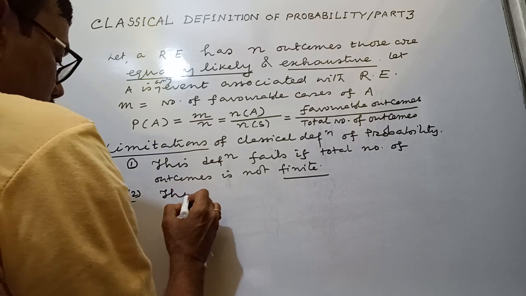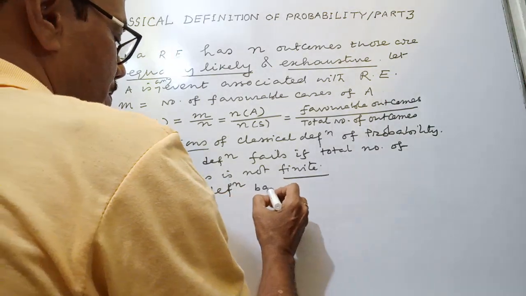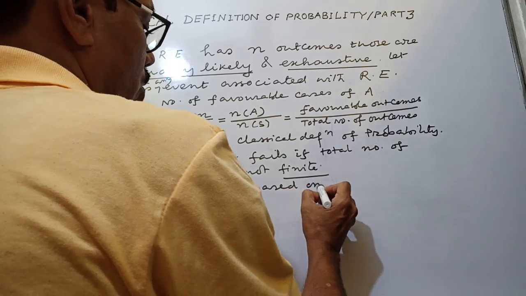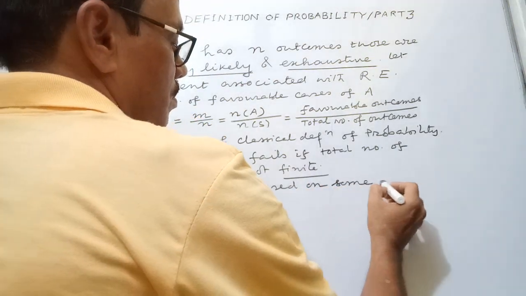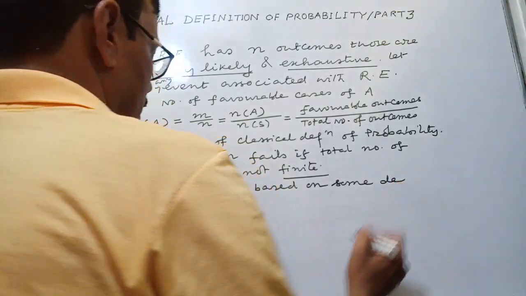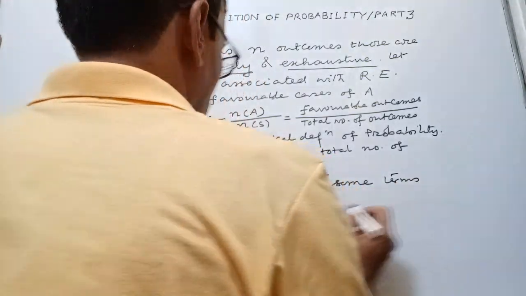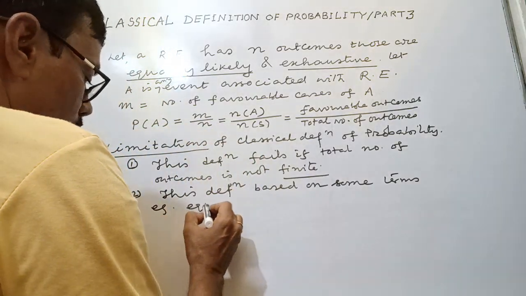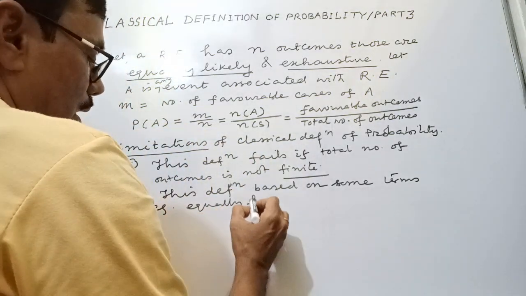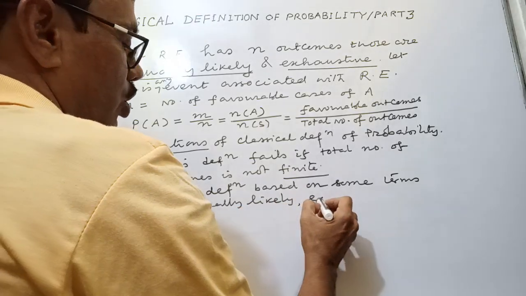This definition is based on some terms, for example, equally likely and exhaustive.